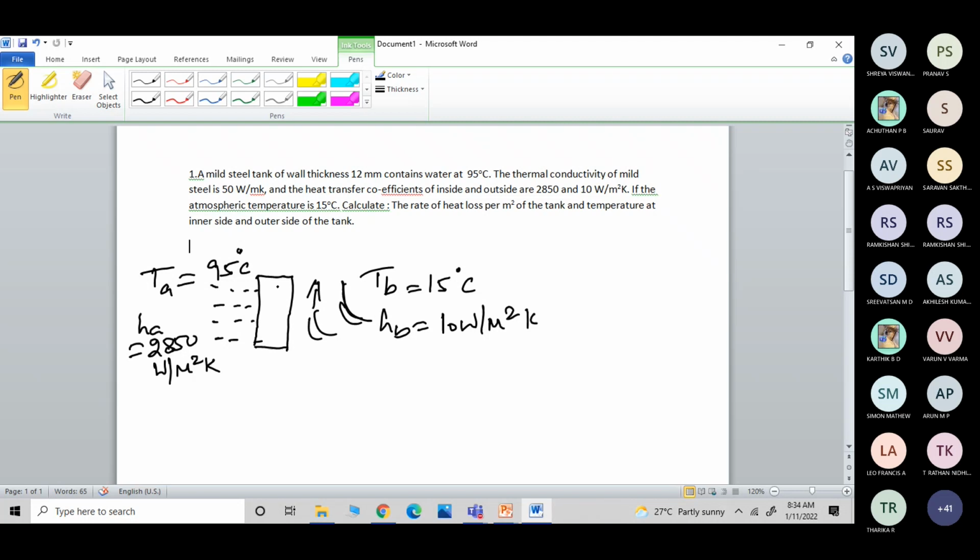We know that heat transfer takes place from the high temperature body towards the low temperature body. Water is at a higher temperature, so heat is transferred from the water to the inner side. The inner surface temperature is T1, the outer surface is T2, and the heat is transferred like this.